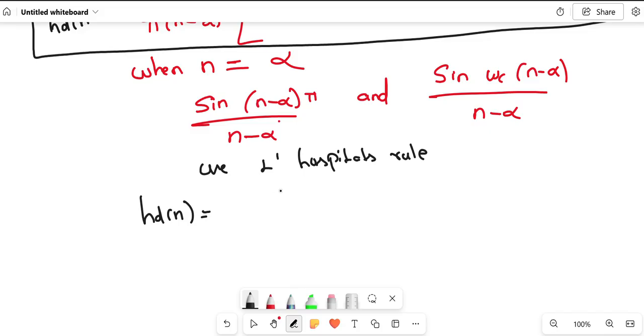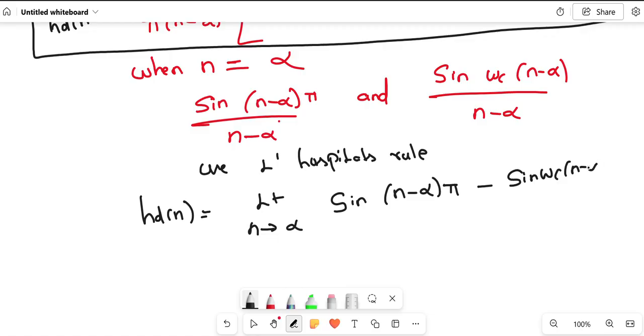So in that case, hd of n will be the limit as n tends to alpha of sine of (n minus alpha) into pi minus sine of omega c into (n minus alpha), divided by pi into (n minus alpha).